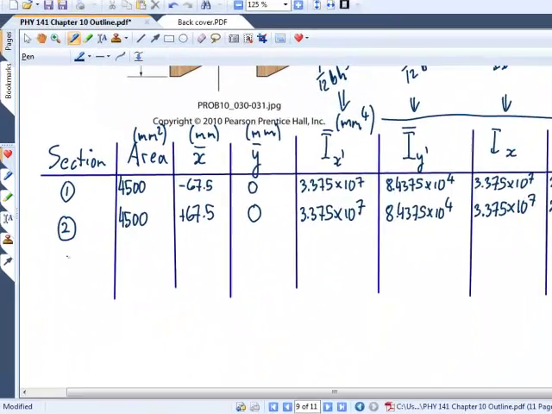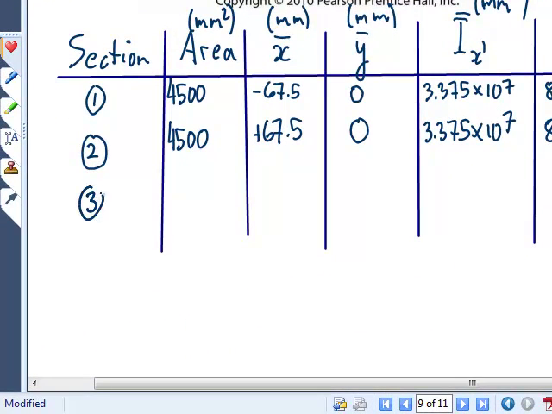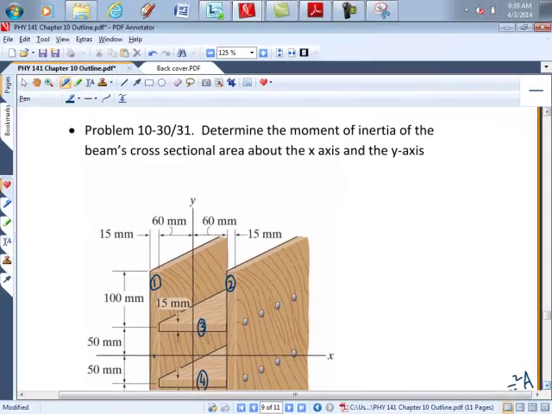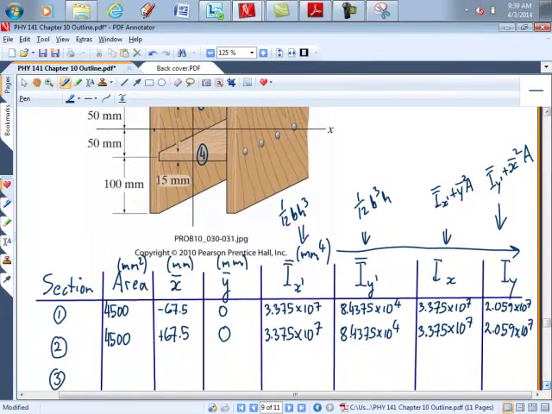All right, and now we move on to 3 and 4. So 3 is this piece of wood, which looks like it's 120 by 15. So 120 by 15 is 1800 millimeters squared.